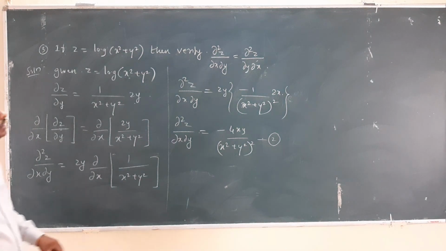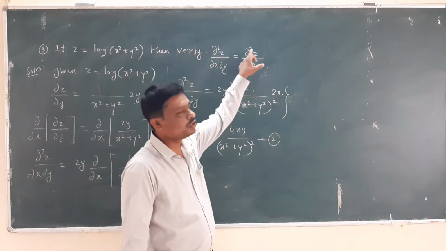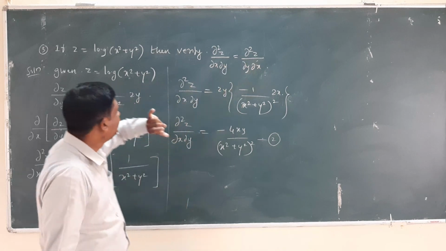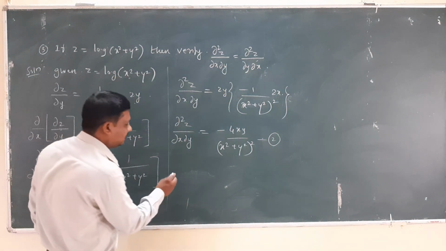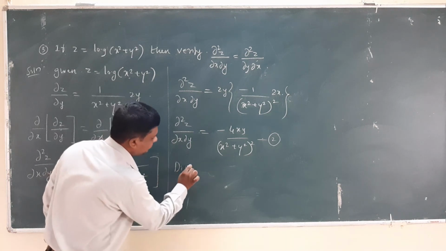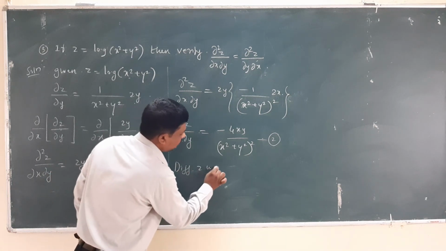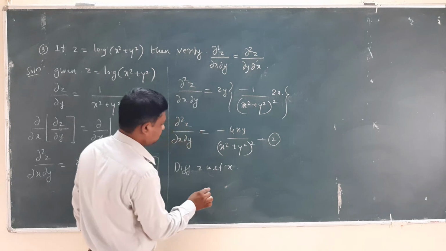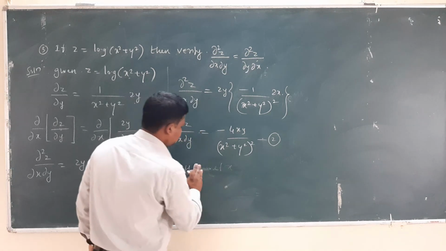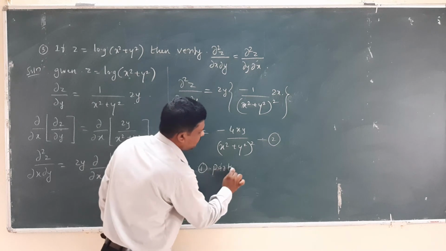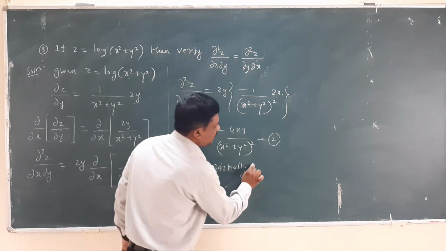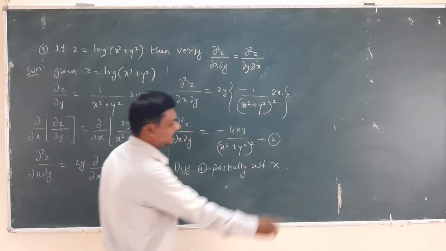So now to find this result, ∂²z/∂y∂x, first I will differentiate z with respect to x partially. Differentiate equation number 1 partially with respect to x.